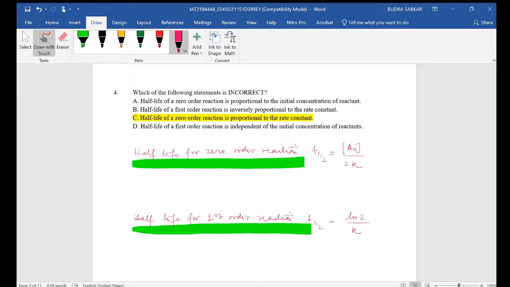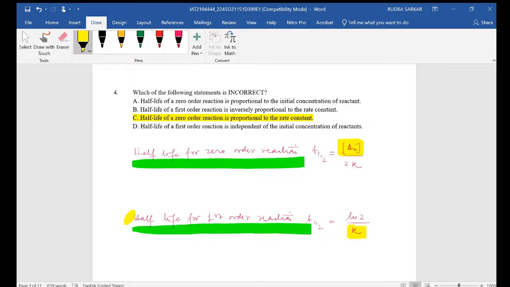So what is the initial concentration out here? The initial concentration is A naught. So it is proportional to the initial concentration. So this is a true statement. Half-life of a first order reaction, which is this one, is inversely proportional to the rate constant, which is this. So this is a true statement.